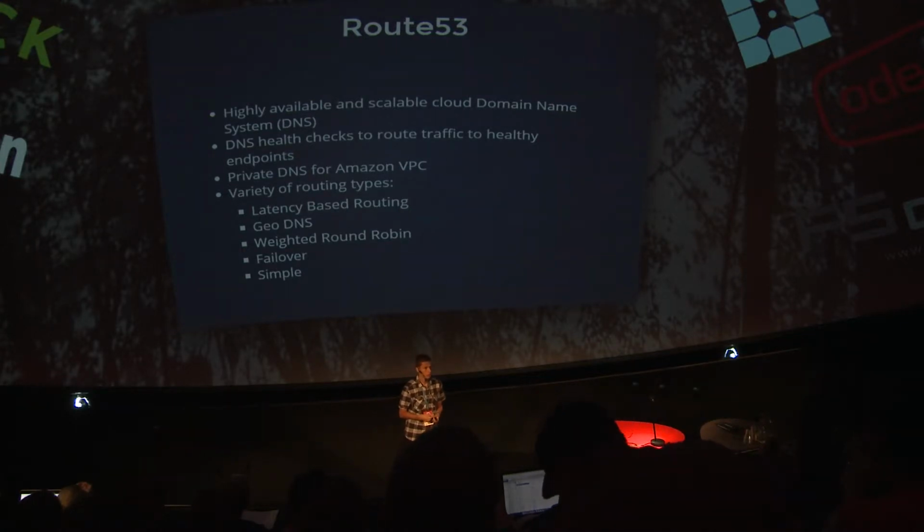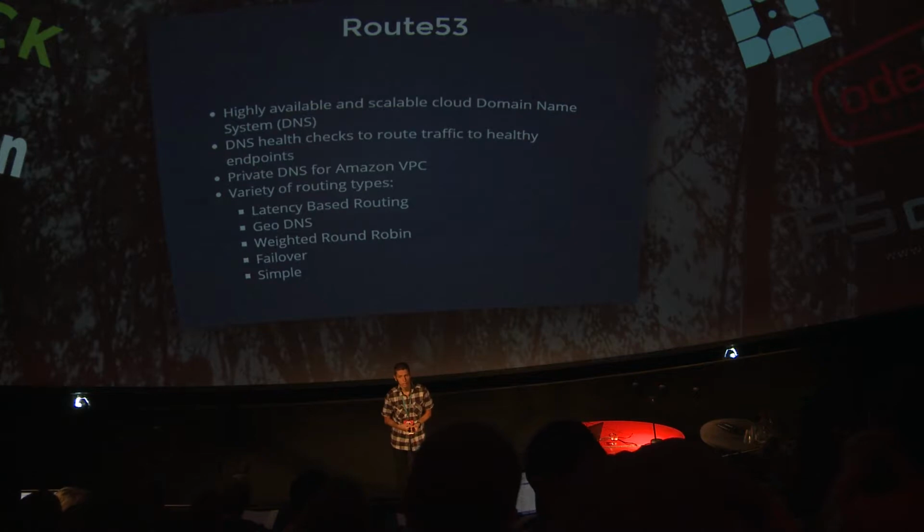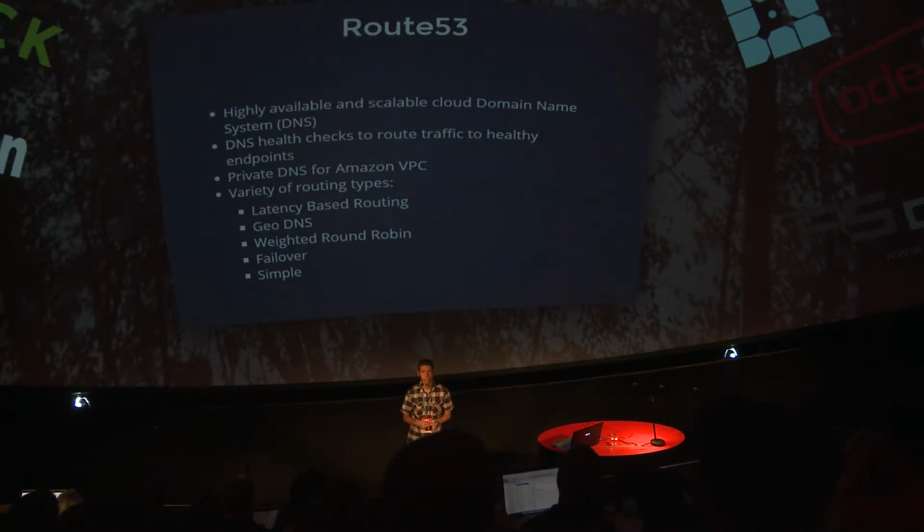It can also do some cool stuff like routing your traffic, and there are a few types of routing: latency-based routing, geographic targeting, weighted round-robin, failover also, and simple, straightforward routing.